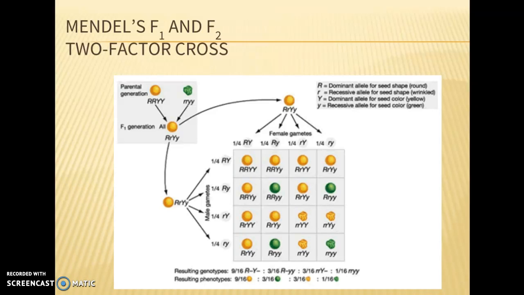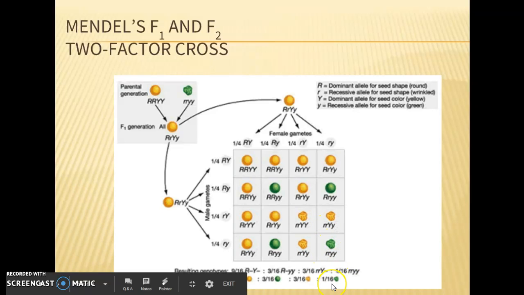They're going to have the yellow and round. 3/16 of them will have the round but carry the recessive green, and then consequently 3/16 of them will also have the yellow but be wrinkled, and then just 1/16 of them are going to have the recessive. So we can see that recessive come back out. But anytime you take two hybrids in a two-factor cross, these are the ratios that you are going to see.